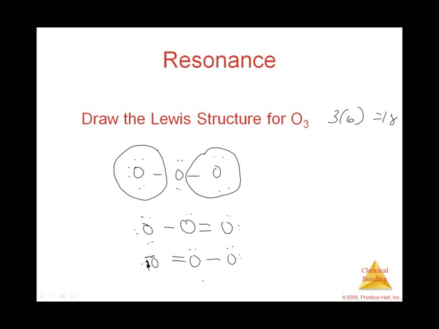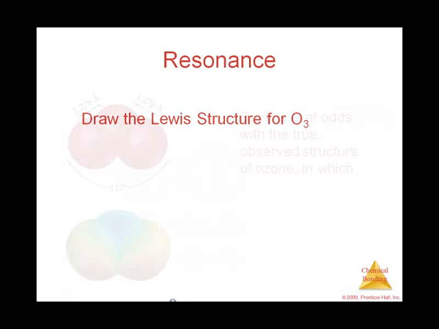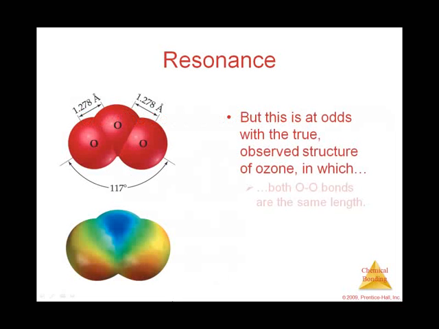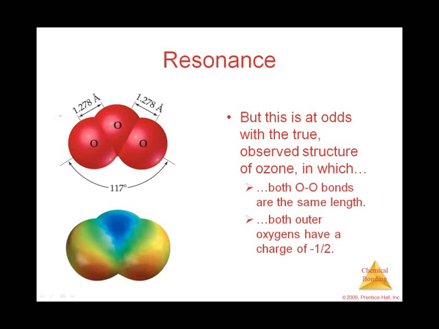But what you would expect then is that the bond length here is going to be less than the bond length here. But as it turns out, that's not the case. Data shows that the bond length for both bonds is exactly the same, and that in fact it's a symmetrical molecule.